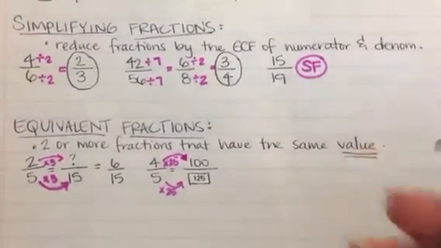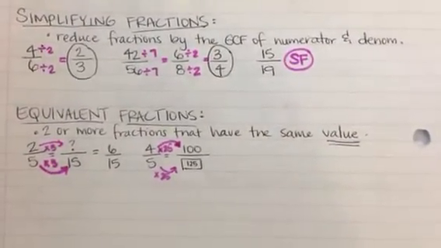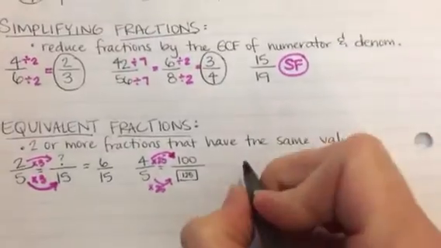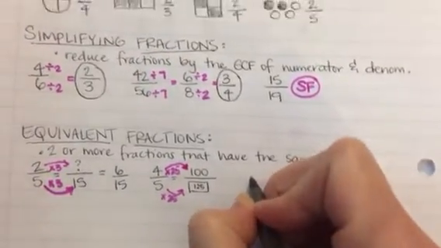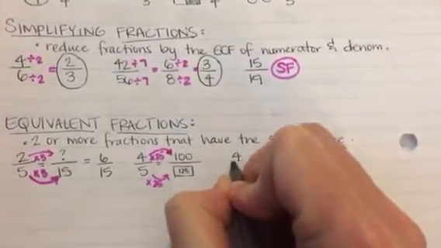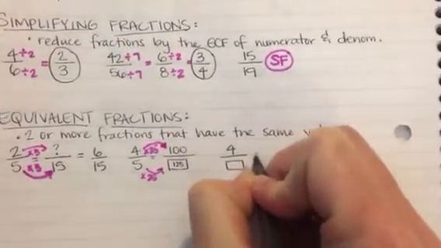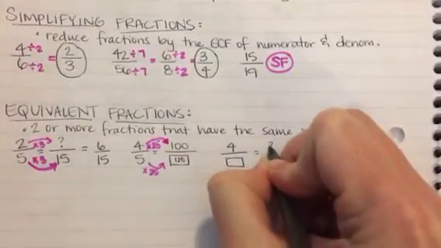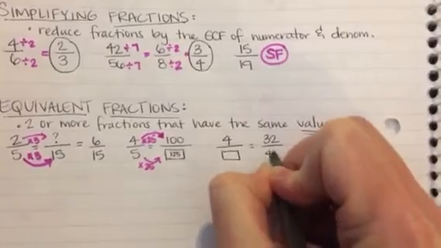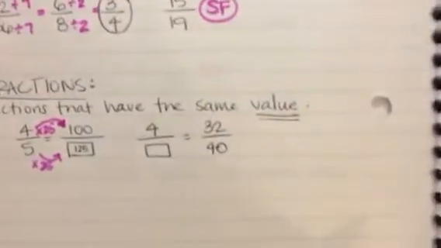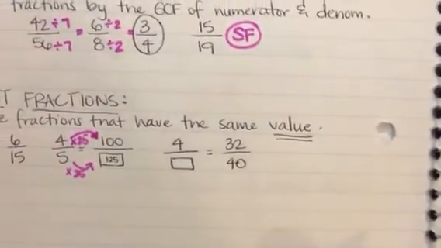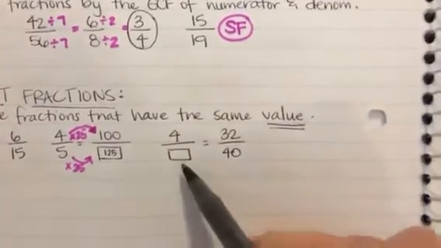So my missing number here is a 125. So I just wrote it in the little box. And then sometimes you will see it where the missing number is in the first fraction. So you might see something that looks like this: 4 and a missing number, and 32/40. So it's really no different.